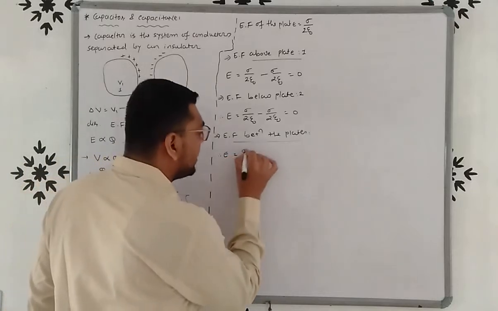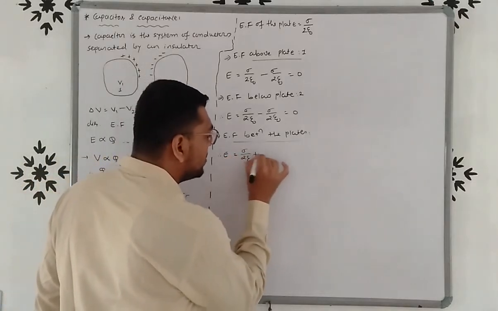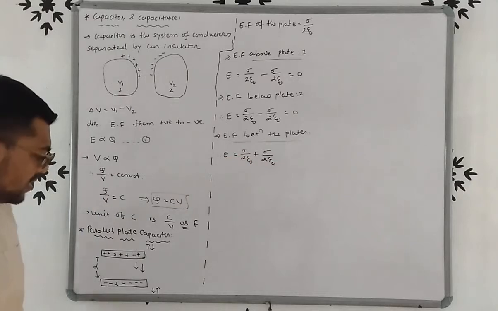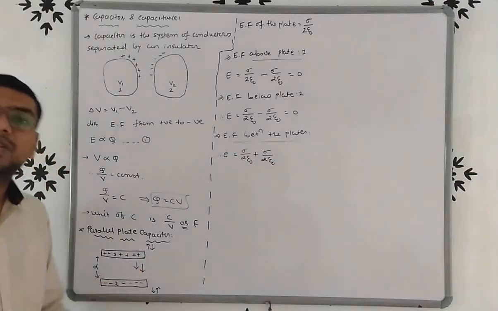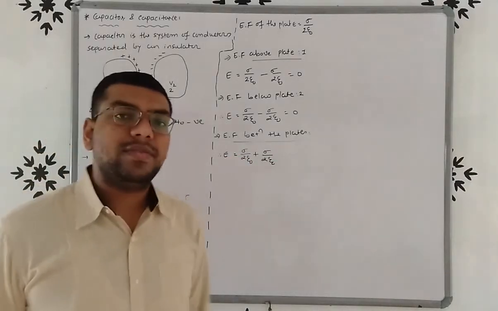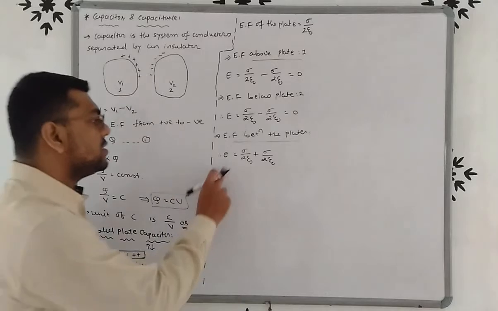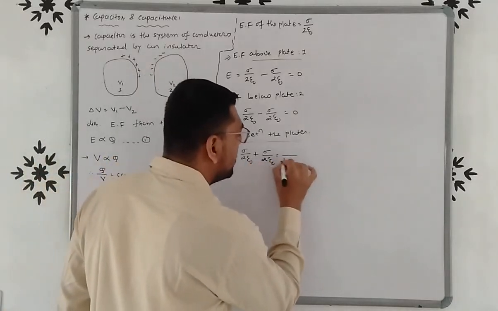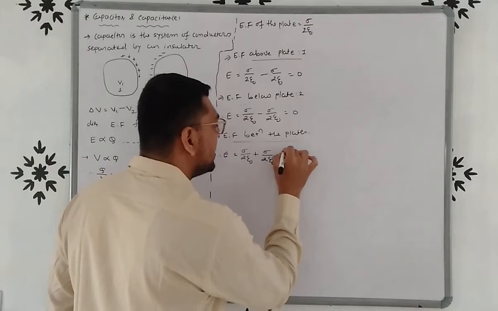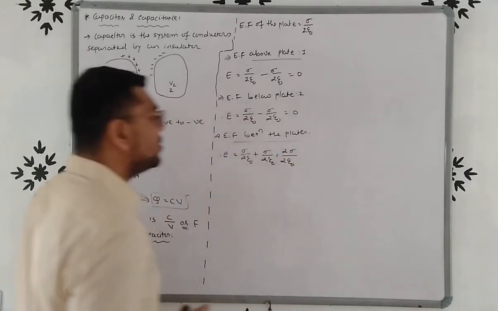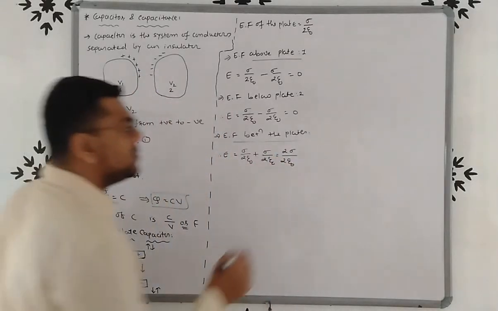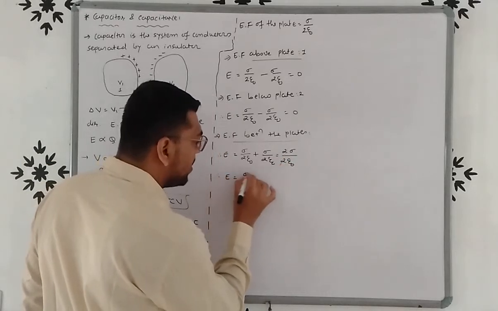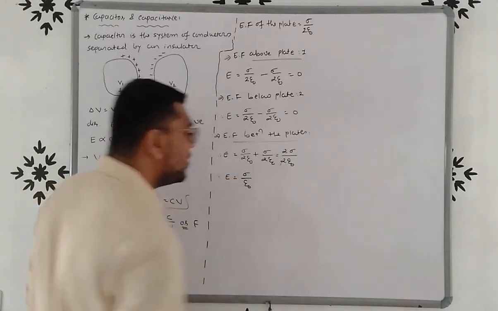So total electric field sigma upon 2 epsilon 0 plus sigma upon 2 epsilon 0, because here the directions are same. So we have to take the addition of the field. So E is equals to sigma upon 2 epsilon 0 plus sigma upon 2 epsilon 0. So here 2 epsilon 0 LCM. So 2 sigma upon 2 epsilon 0, which is equals to E is equals to sigma upon epsilon 0, right?